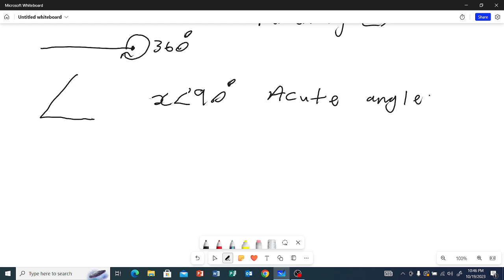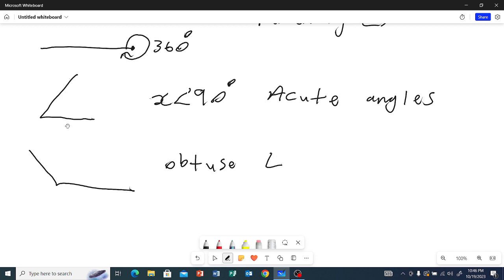Then angles that are greater than 90 degrees but less than 180, the shape is something like this. We call this one an obtuse angle.